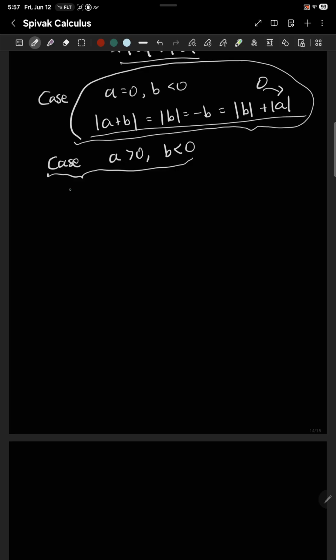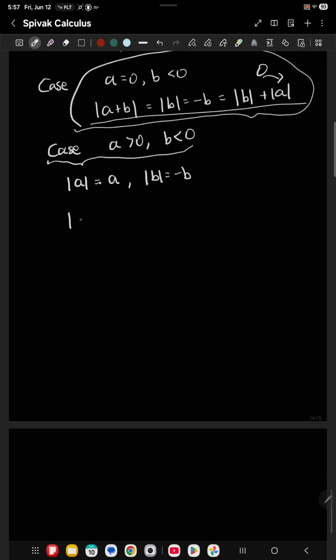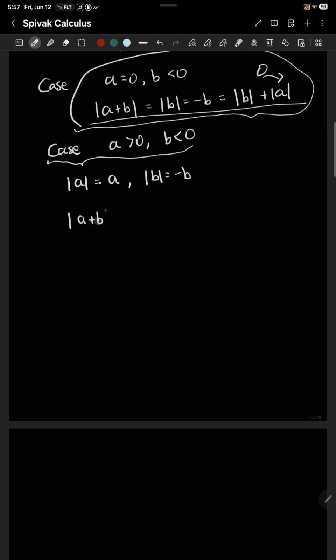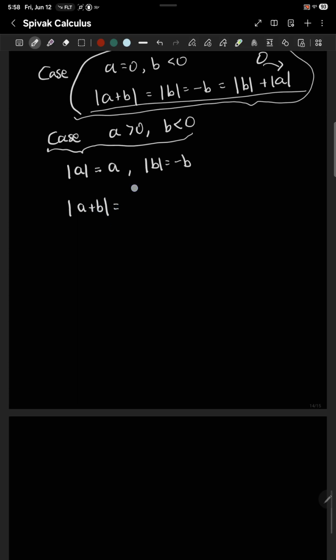So from this we know the absolute value of a is equal to a, because a is greater than 0, and the absolute value of b is negative b, because b is less than 0. And the absolute value of a plus b, we know nothing about yet, because it could be either positive or negative, right?